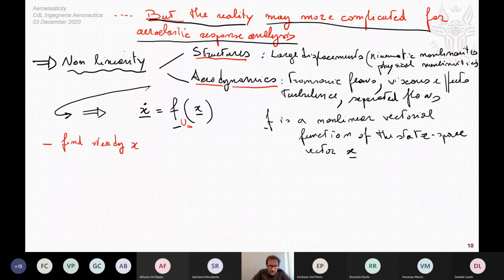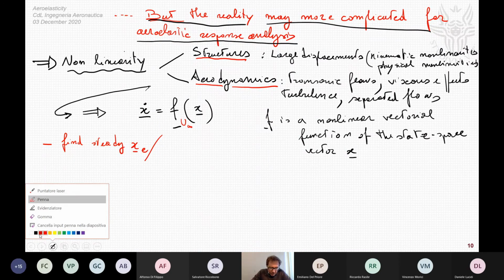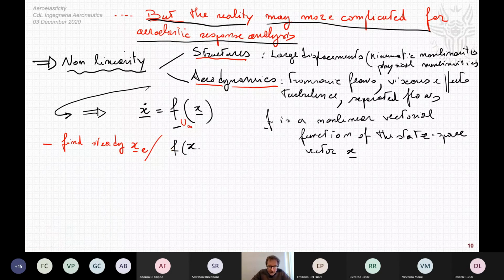The steady solution xe is a point in the state space such that, by definition, f of xe is 0. So this is the problem of determining your equilibrium solution, just like the trimmed solution in aeroelasticity. xe is the trimmed solution in aeroelasticity, or the equilibrium solution in a straight flight.